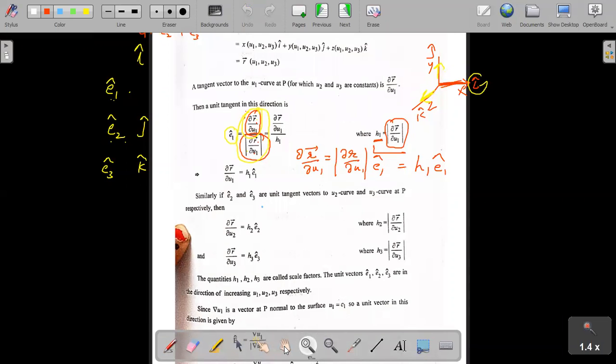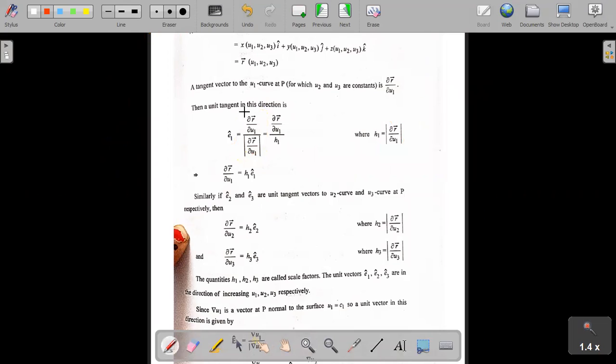So the tangent vector is del r by del u1, but when we talk about direction, we talk about the unit tangent. So if we divide it by its magnitude, del r by del u1 over its magnitude, this is the direction vector. So that is E1 cap. E1 cap is the same as I cap. Now in place of x is u1, in place of y is u2, and in place of z is u3. So in place of I cap, E1 cap, here E2 cap, here E3 cap.